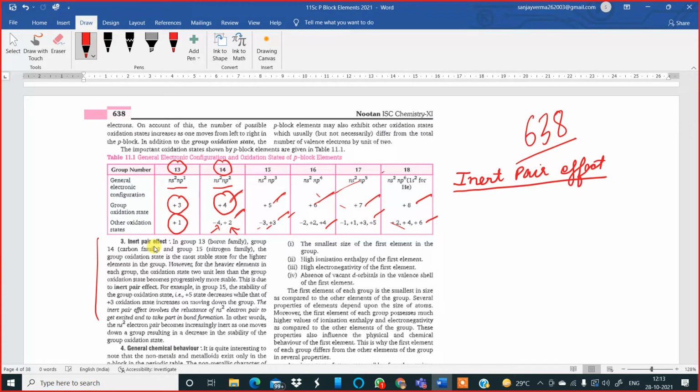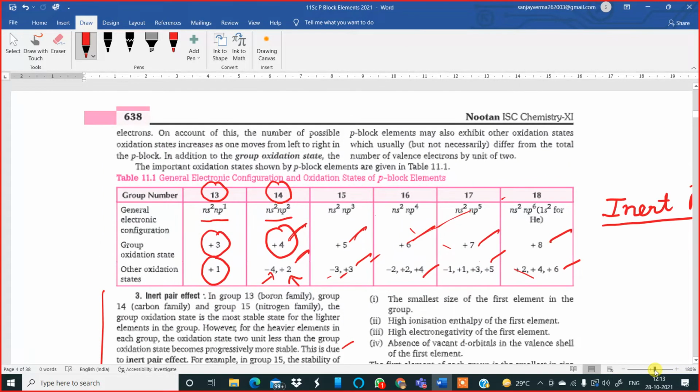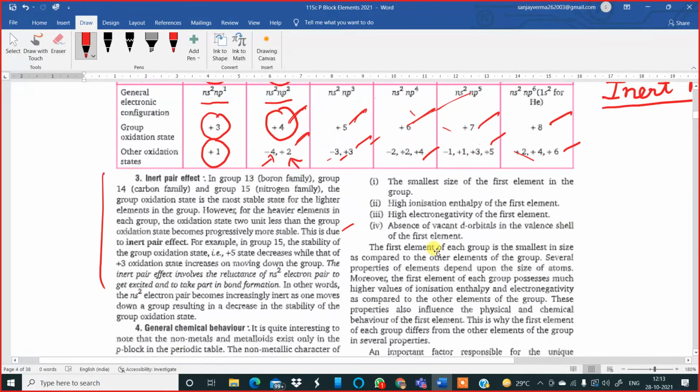Now, why does this happen? This is basically due to the inert pair effect. For example, let us try to understand this properly in group 15. In group 15, the stability of the group oxidation state +5 decreases while that of the +3 oxidation state increases on moving from top to bottom.